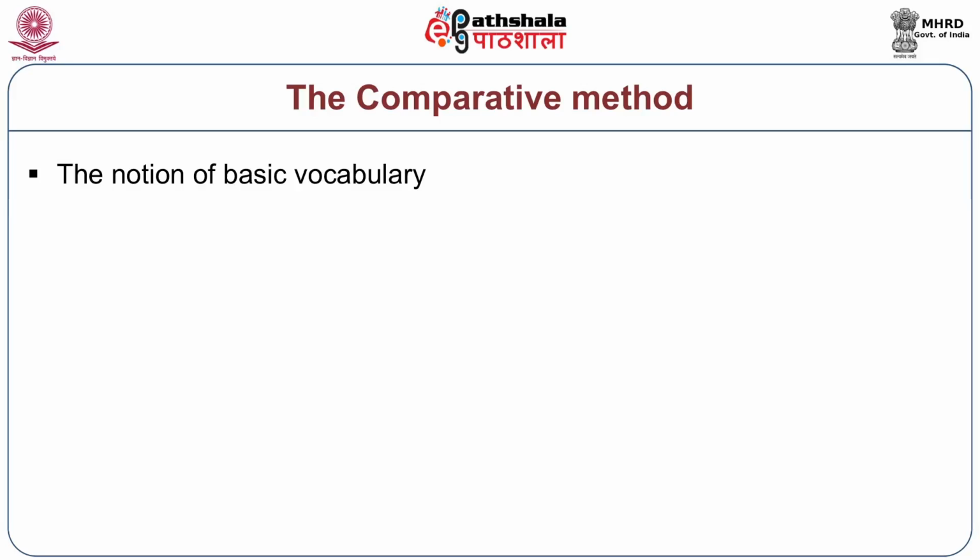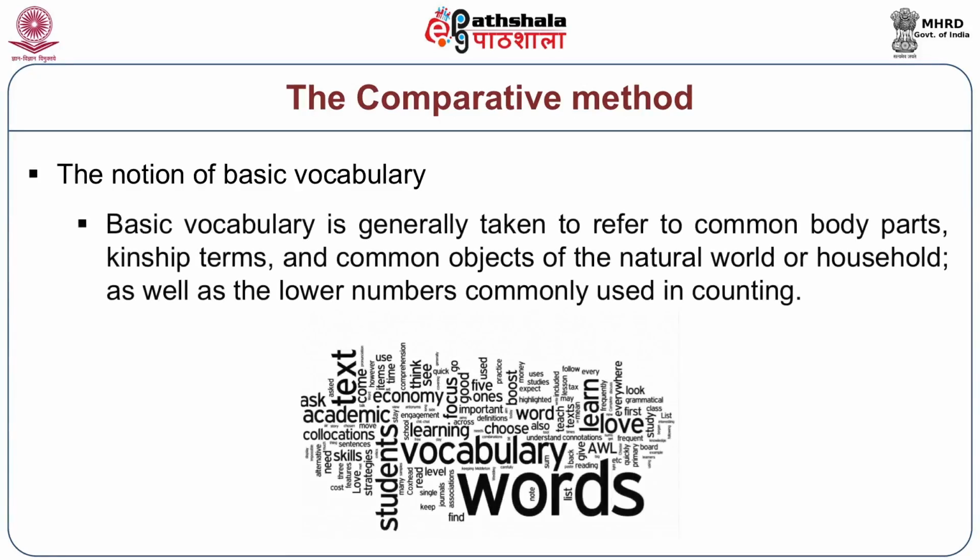Well, we have a set of words which are called basic vocabulary items. Basic vocabulary items basically refer to items that refer to kinship, lower numerals, different body parts, and words that are usually found in the natural environment.